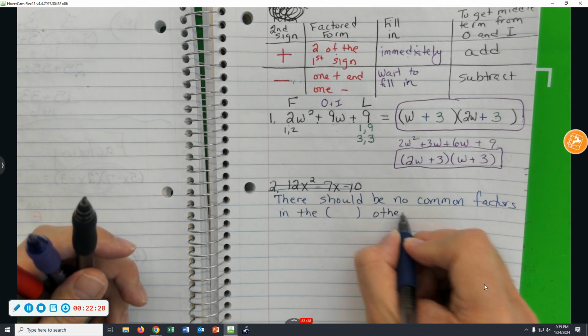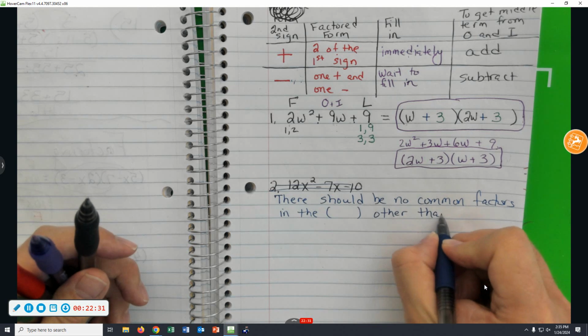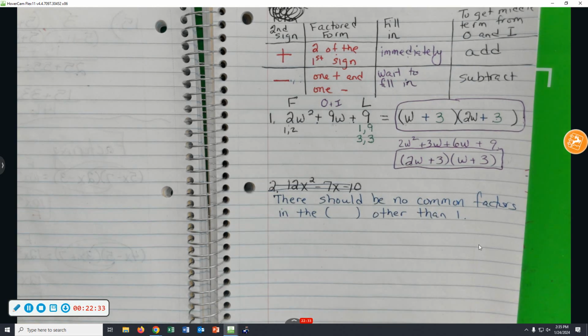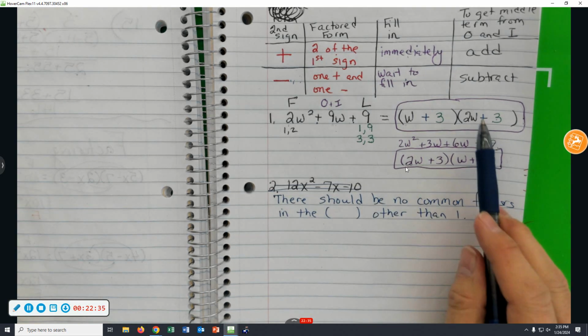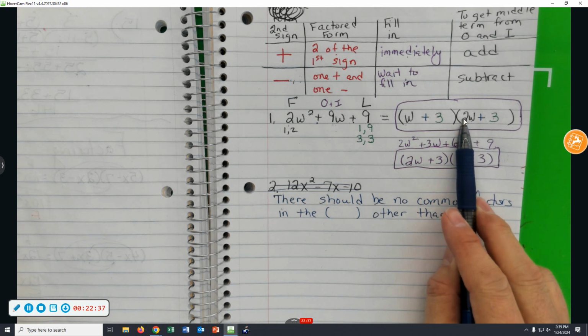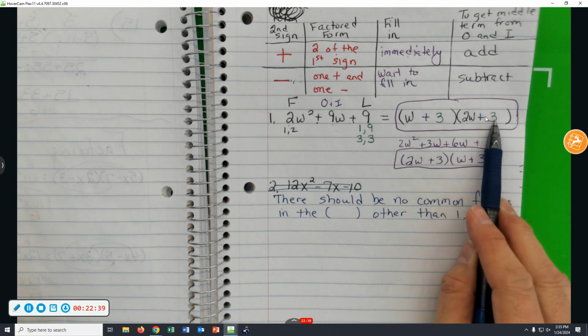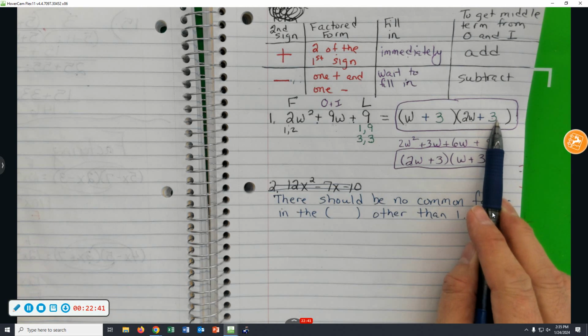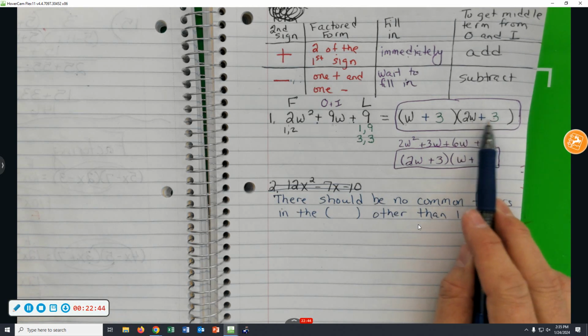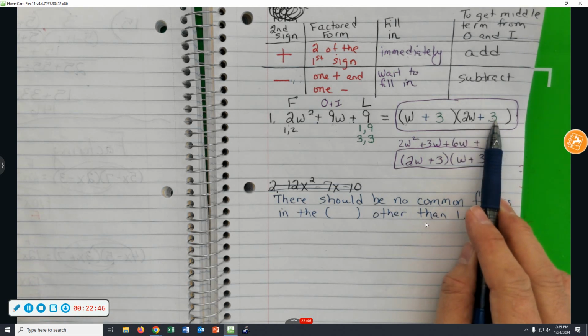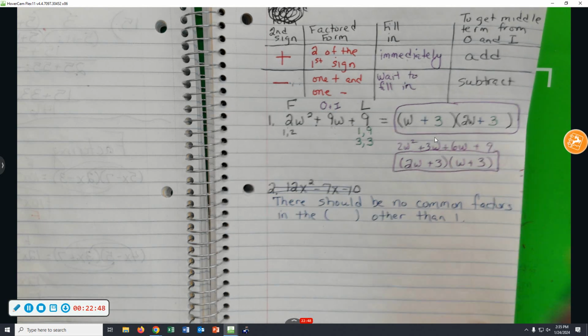No common factors in the parentheses. Like looking at this answer here, what's the only number that divides evenly into 2 and 3? Say 1. 1's the only number.